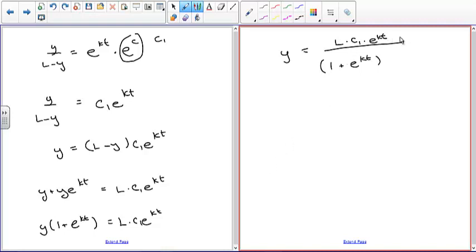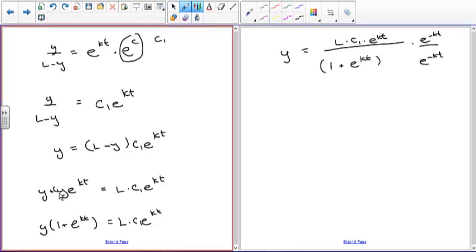And then what we do is you multiply and divide by e to the minus kt. And I've messed up somewhere here. Where did I mess up? Oh, there's a c1 right here. Sorry. There's a c1 right there.